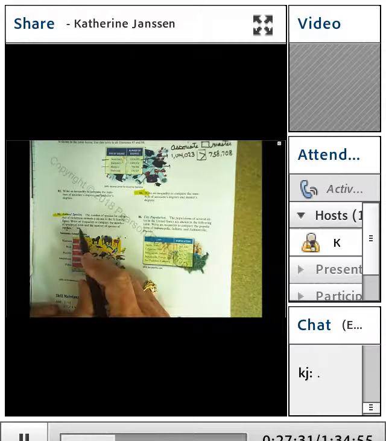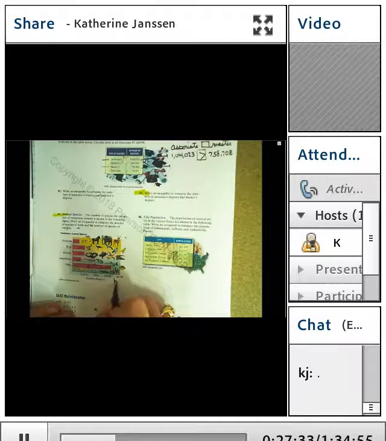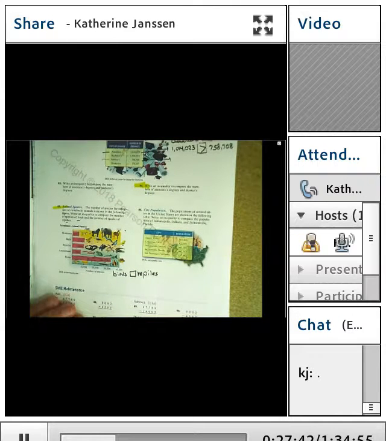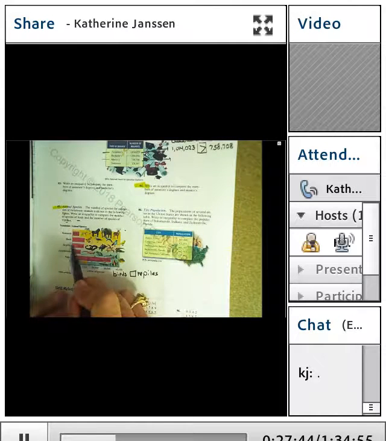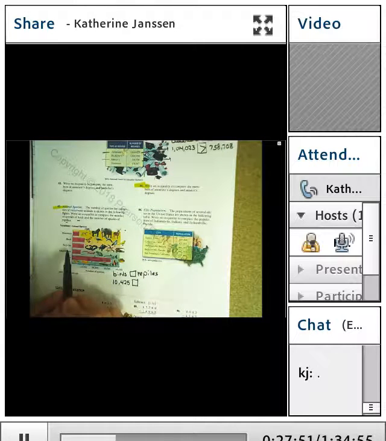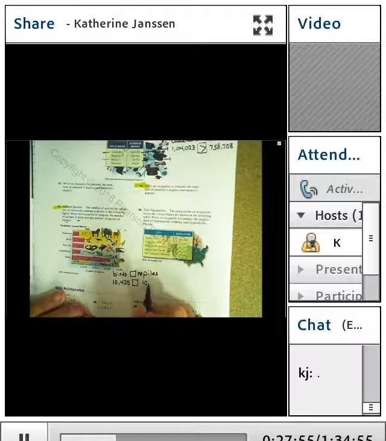Now we're supposed to compare birds count to reptile count. The birds total is 10,425. Compared to reptiles, reading my chart, reptiles, I'm picking up 10,038.